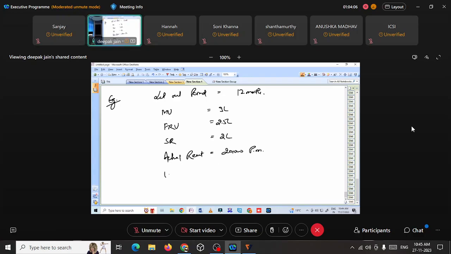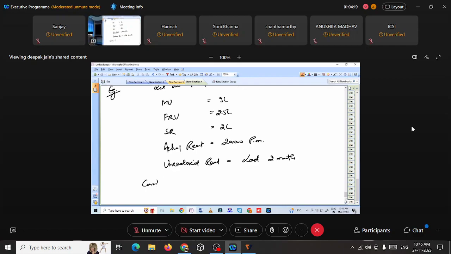Unrealized rent, let us say for 2 months, last 2 months. Compute GAV as per both approaches. I want you to try this question. Just let me know the answer. Write down in chat box.